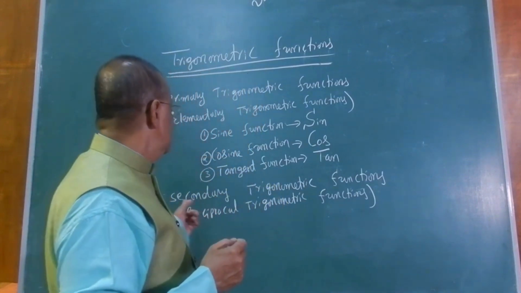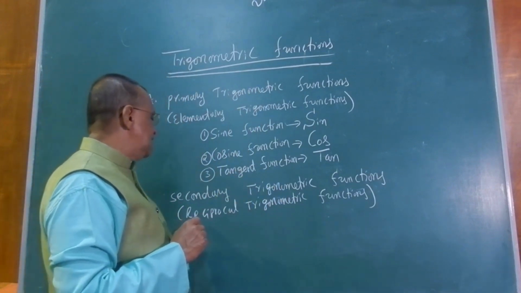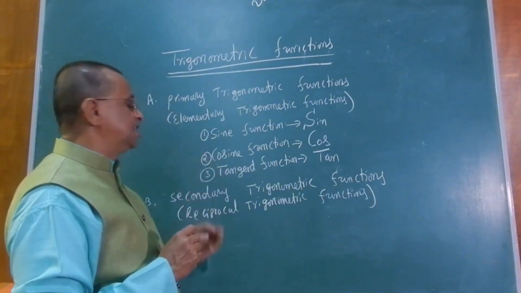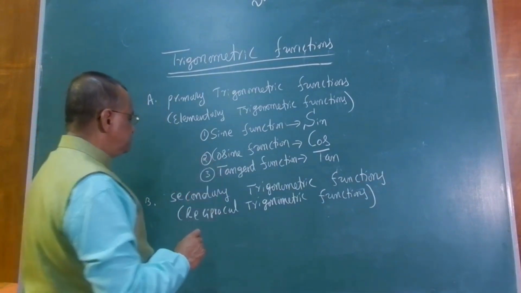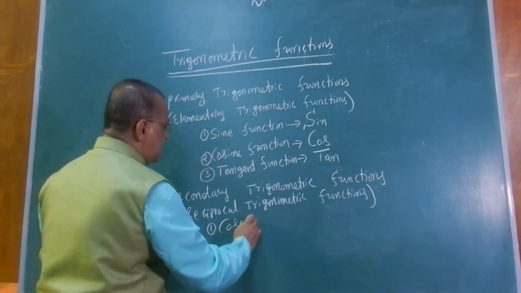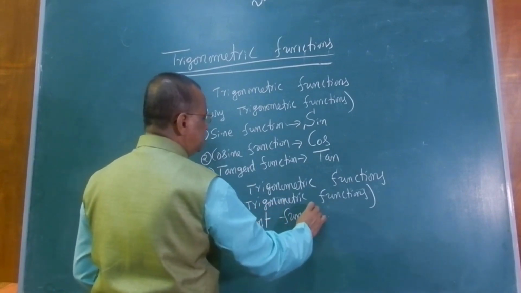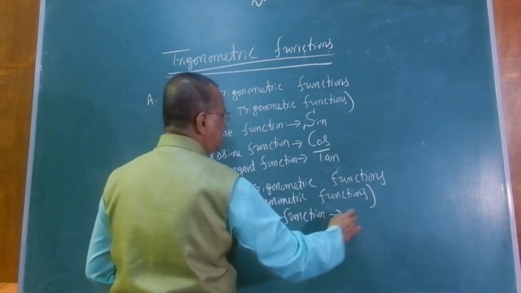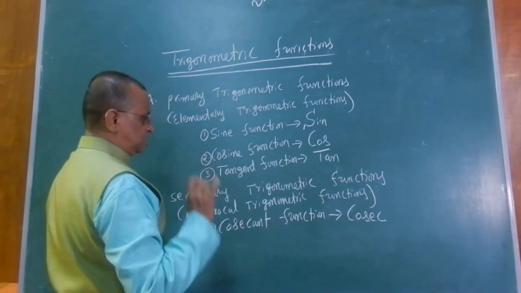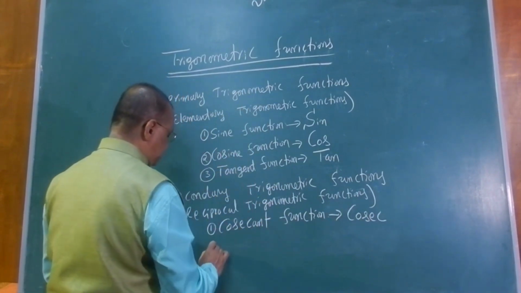Secondary trigonometric functions are also called reciprocal trigonometric functions. There are 3 secondary trigonometric functions. They are number 1, cosecant function. Cosecant function, in short, we write it as C-O-S-E-C, cosec function.